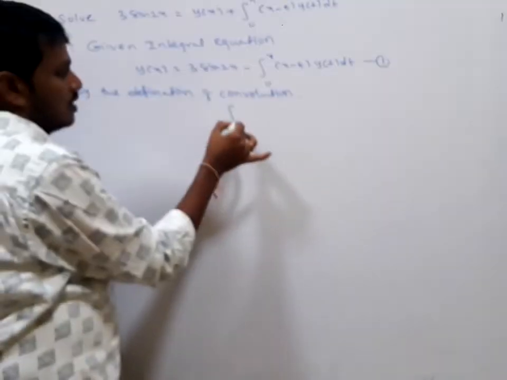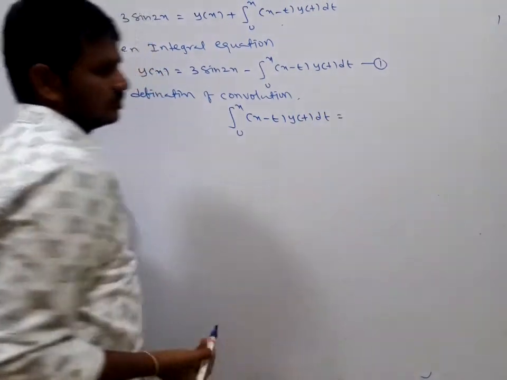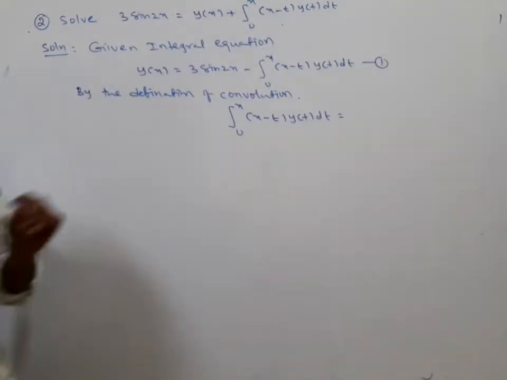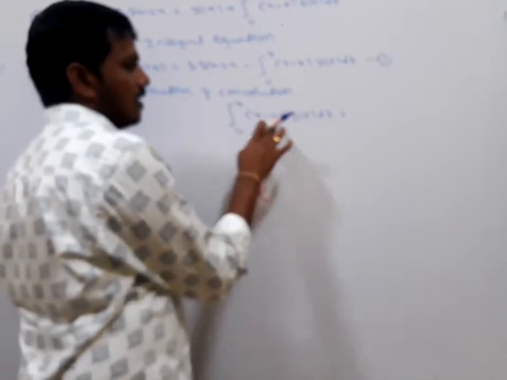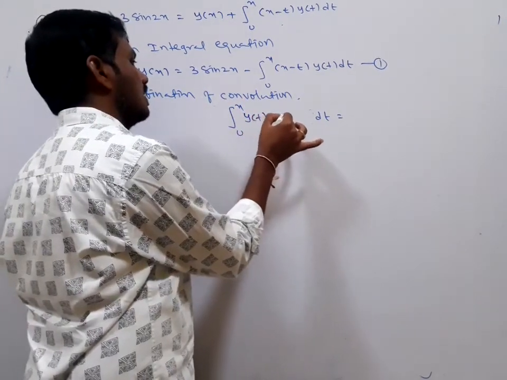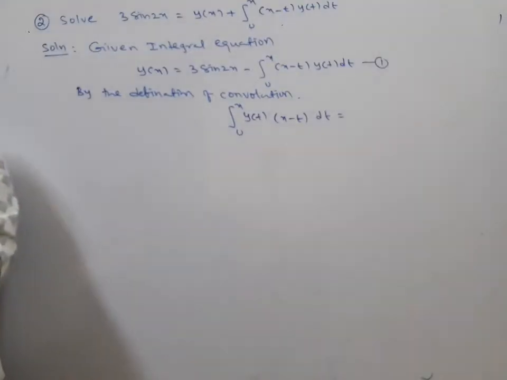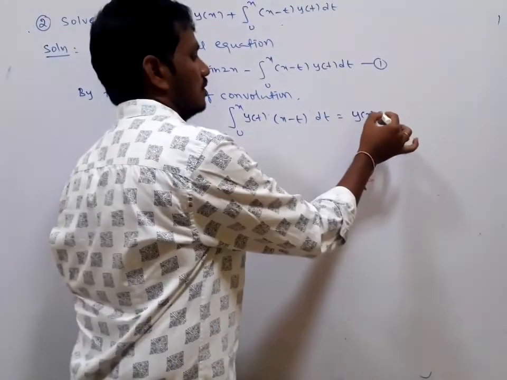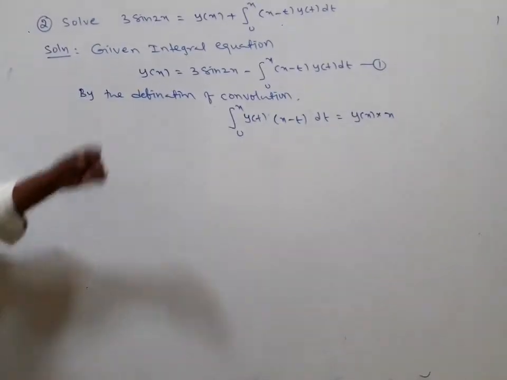by the definition of the convolution, integral 0 to x of (x minus t) y of t dt is equal to y of t convolved with x, so this can be written as integral 0 to x, y of x into x, by using the convolution property.